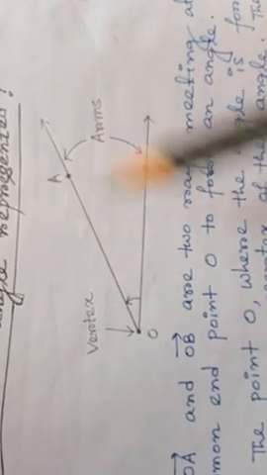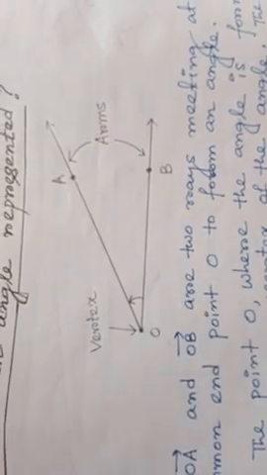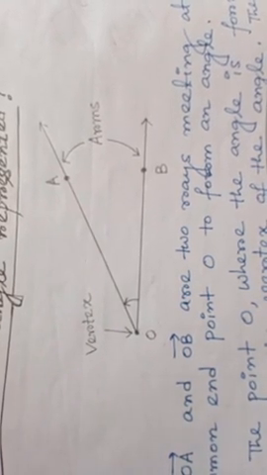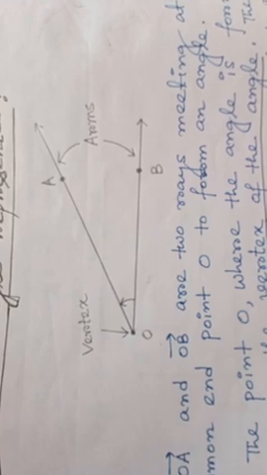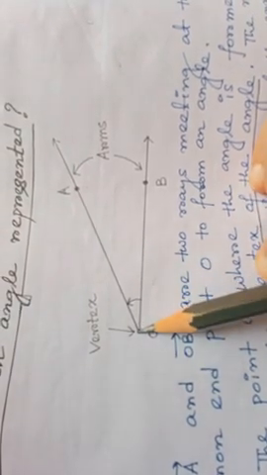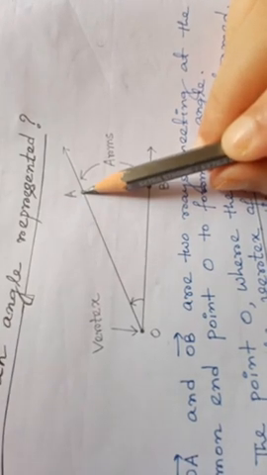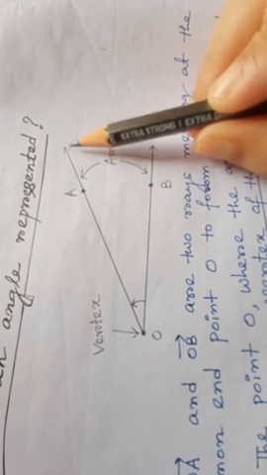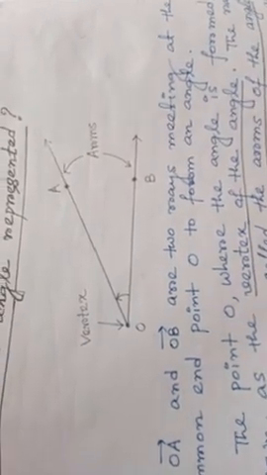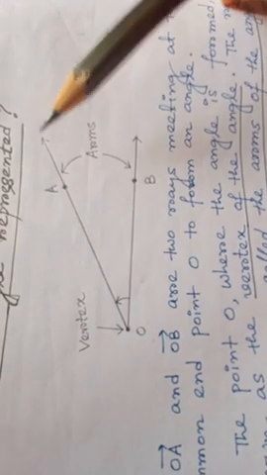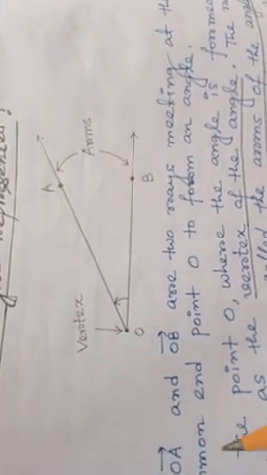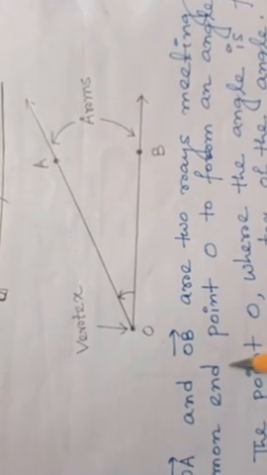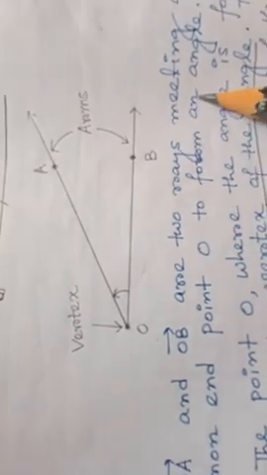This is one ray, because as you know from the definition of a ray, it has one end point and extends in the other direction without ending. That's why I'm using an arrow sign, because if you extend this line, it will extend up to infinity. So OA and OB are two rays meeting at the common end point O to form an angle.